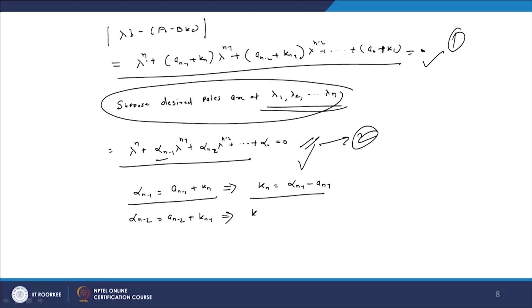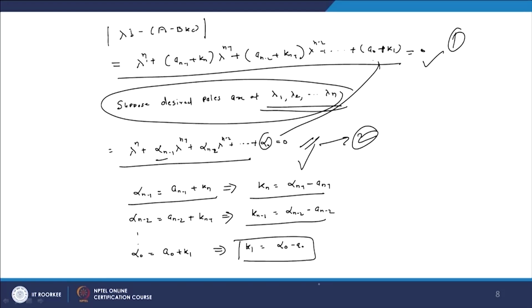After solving it, we will get k n minus 1 equal to alpha n minus 2 minus a n minus 2. Now we come to alpha 0. If you compare this part, we will get alpha 0 equal to a 0 plus k 1, and again if you solve it, we will get k 1. Similarly we get k 2, k n minus 1 and k n. So, in this way we have got the controller as k 1, k 2 up to k n.